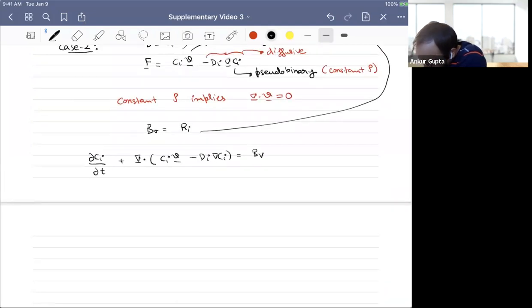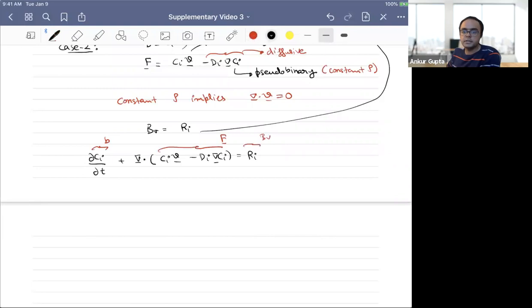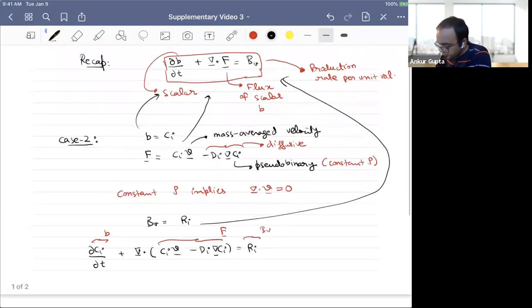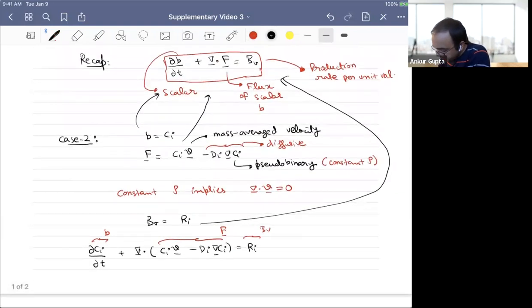Just to make sure that everybody is following, this is B, this is the F vector, and this should be Ri here, and this should be BV, okay? So this is the equation that we get when we put these variations back here.